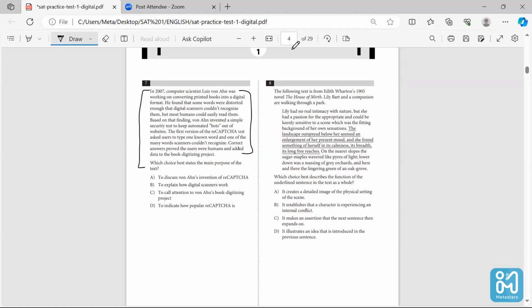First of all, I have to find the focus of the passage. If I say the focus of the passage, it means the main point of the passage.